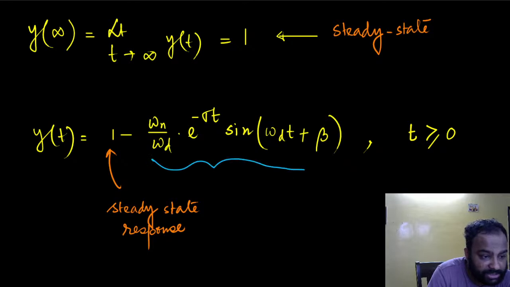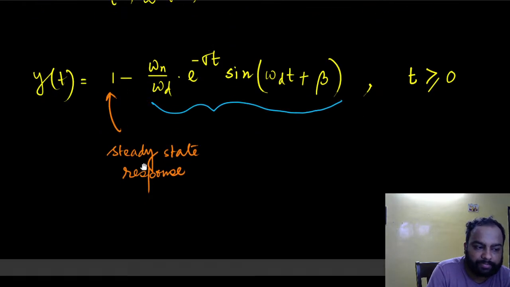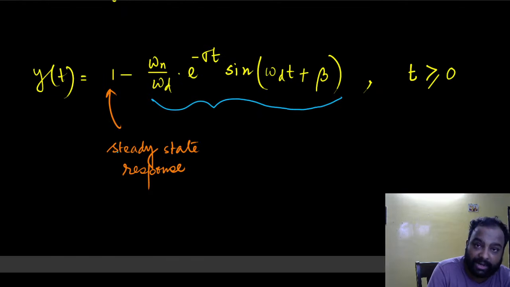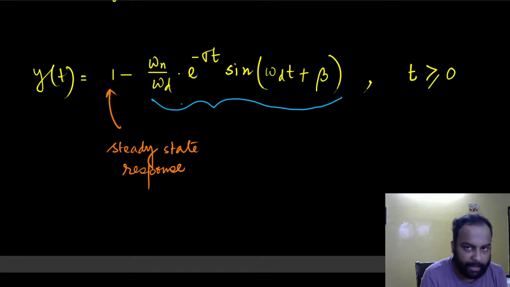This is the part of the response of the system that changes over time, right? When the system was started at t equal to 0, the output was 0. And this is the factor that determined how the sinusoid will decay, and eventually after enough time has elapsed, how the response will become 0.